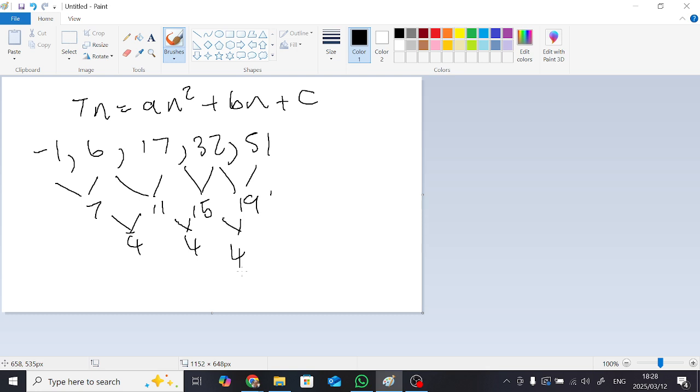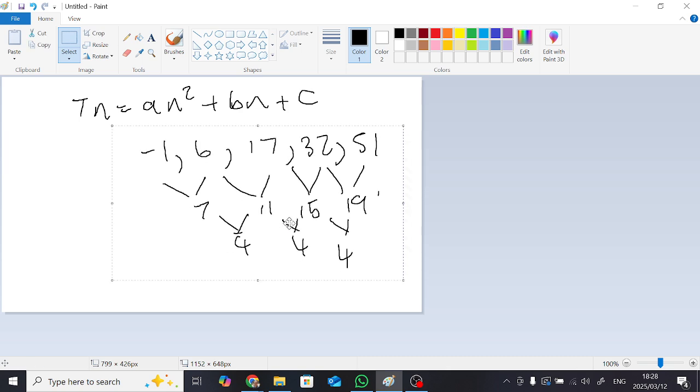They tell us that the first term is equal to A plus B plus C, right?